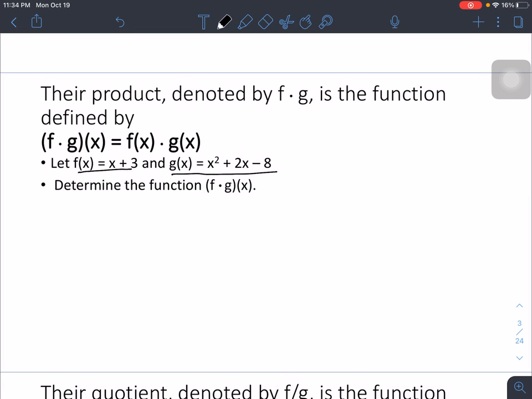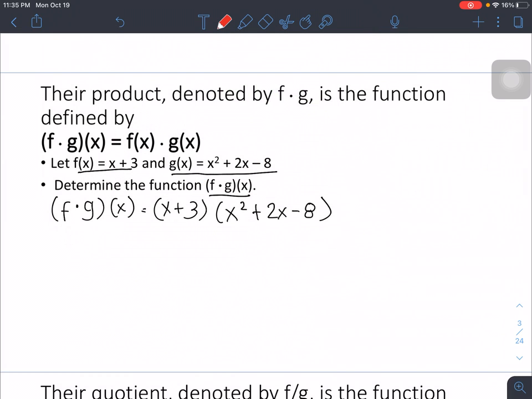Okay, so let's try. This indicates that we need to multiply x plus 3 by x squared plus 2x minus 8, which is our g of x function.